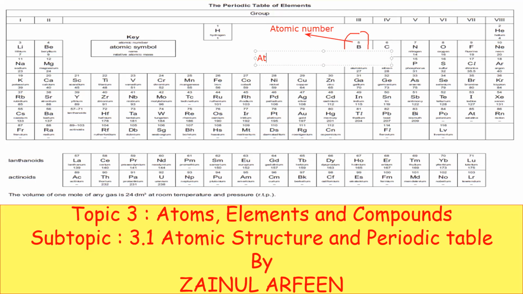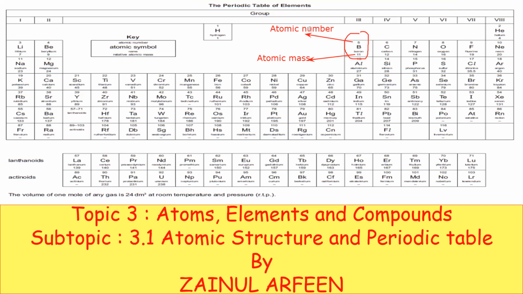It represents the atomic mass. So 5 is the atomic number, or the number of protons inside the nucleus, and the atomic mass, which is the sum of neutrons and protons, is 11.